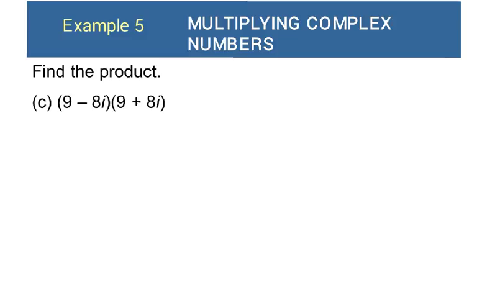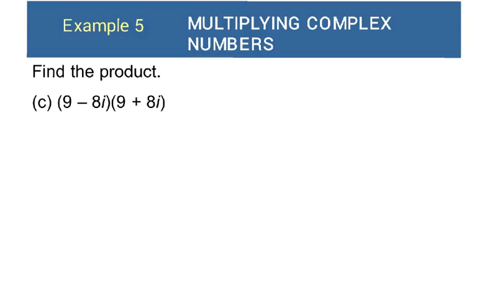Here we go. Find the product. This is a complex conjugate because nothing changes about these numbers here except for the signs in between them. So we're going to square 9 and then we're going to square 8 and we're done. Almost done anyway.